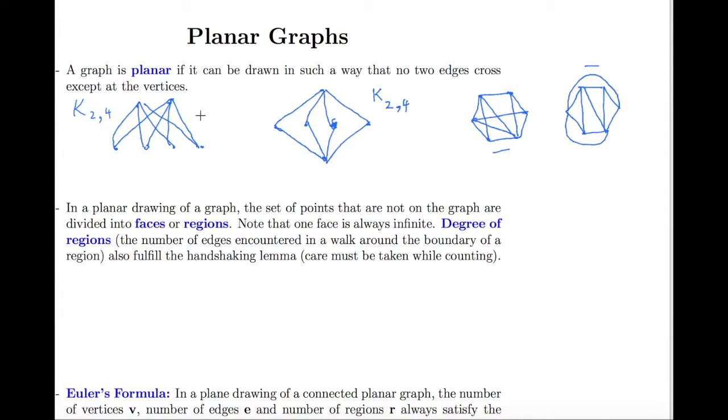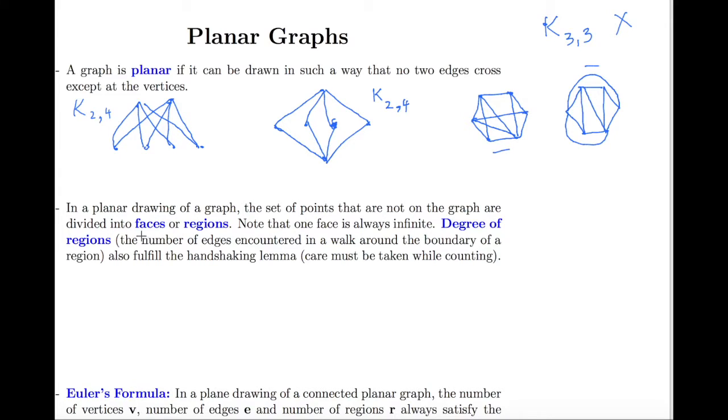We can just, for example, see that K33 is actually not planar. But how? We need to know some concrete statement so that we can use it to prove or disprove whether a graph is planar. So for that we need to define a terminology which is called regions or faces.